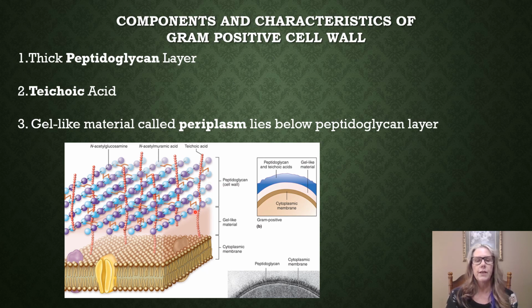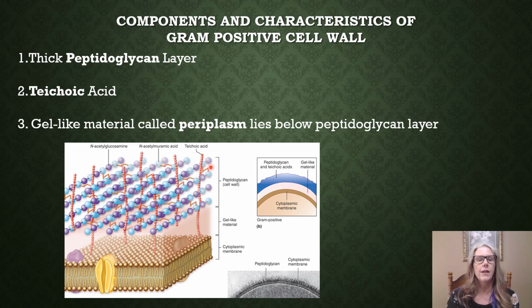Where you see these blue and purple balls, these circles, that is representing the peptidoglycan in that cell wall. Just for reference, down here at the very bottom is the cytoplasmic membrane. You should recognize that with the phospholipid bilayer. So this is the peptidoglycan layer.